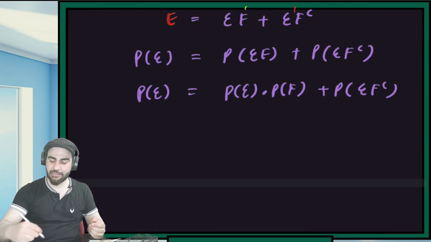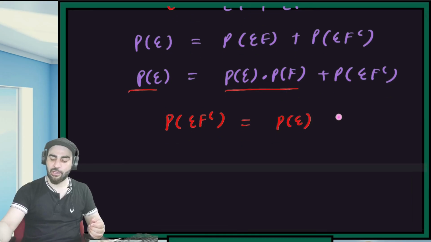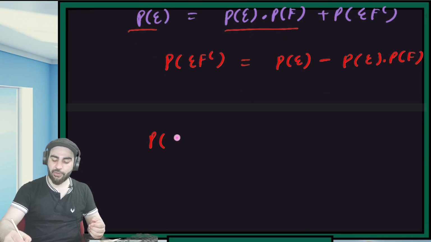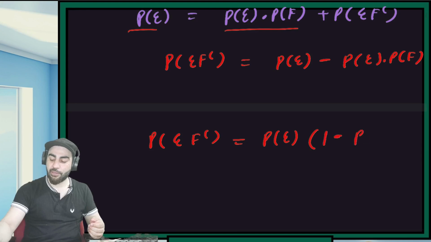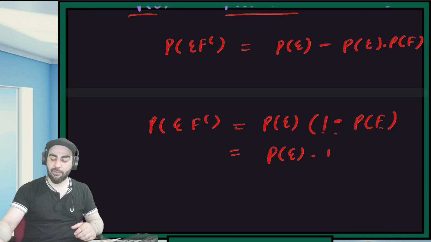I'll say P of E and F complement is equal to this and this. Let's do this step also so that I don't confuse you. This is probability of E minus probability of E times probability of F. The probability of E and F complement is equal to, taking P of E common from both of these, probability of E times 1 minus probability of F. And 1 minus probability of F is probability of F complement.